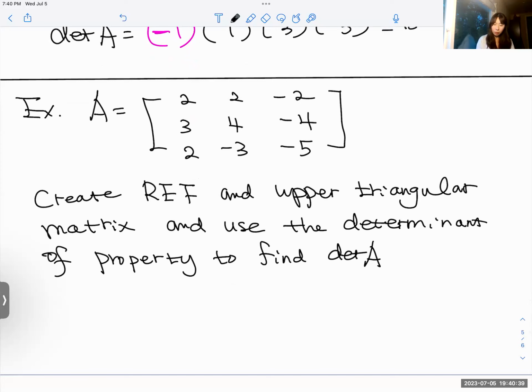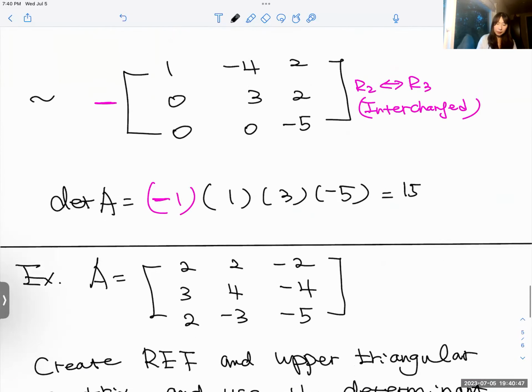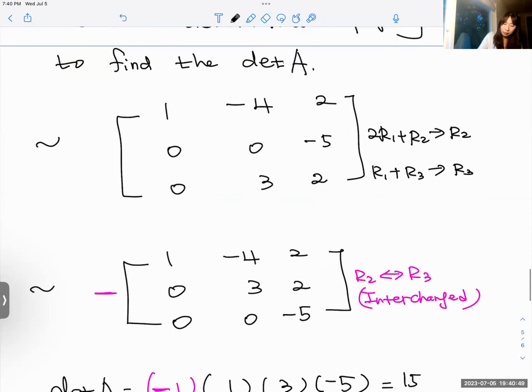So basically we want to find the determinant of it.